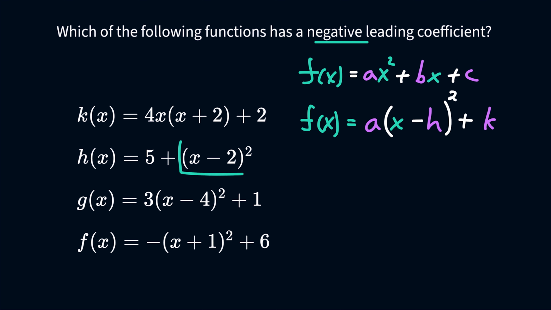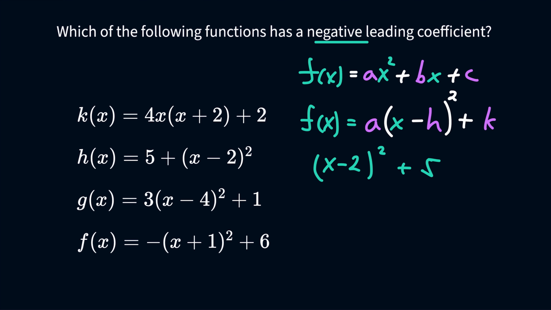So I'm going to put this term first. Instead of the 5, this is really the k value. So it's going to be x minus 2, squared, and then plus 5. There's no sign in front of 5, so that assumes it's going to be positive. And that's basically it. Now, recall that you don't see a leading coefficient here.